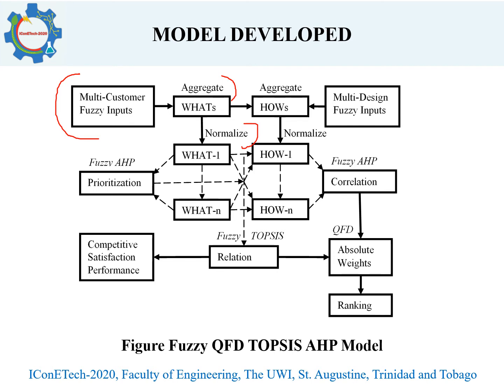The normalized whats data is parameterized using fuzzy AHP. Then, on the top right, multiple groups formed by designers identify and provide fuzzy data for the house referring to the parameterized whats in the previous step.